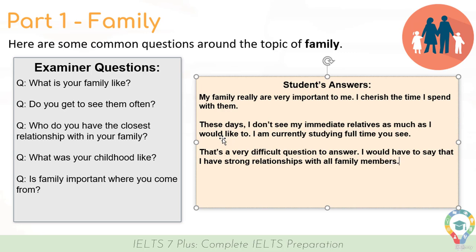So if you want to talk about specific people, you can say family members. Okay, question number 4, family and childhood. What was your childhood like? So this is obviously going to be in the past tense. I have very fond memories.